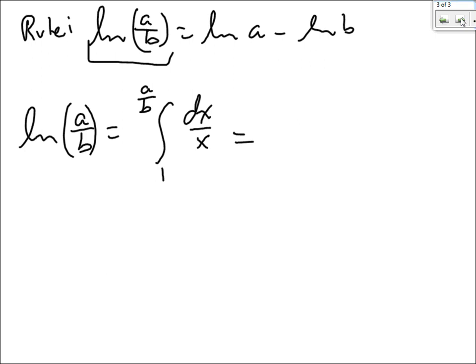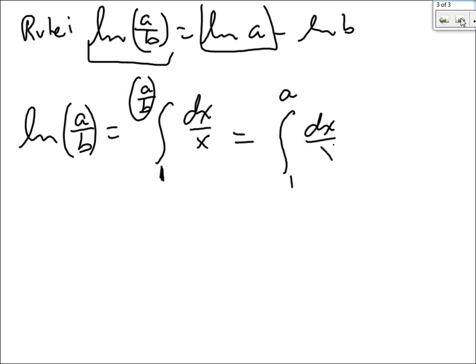And like before, let's try to get ln of a. Instead of going from 1 all the way up, let's stop off and say hello to a, and then let's pick up at a again and go to where we really wanted to go, namely a over b. And we have dx over x.